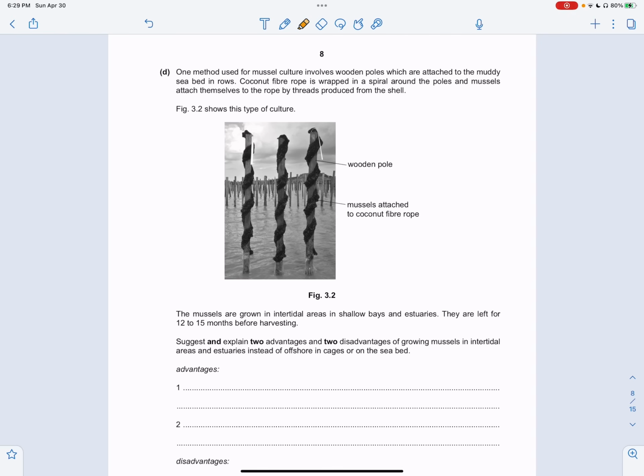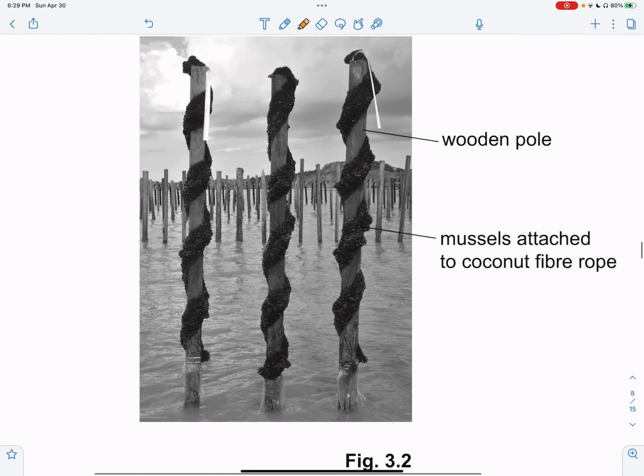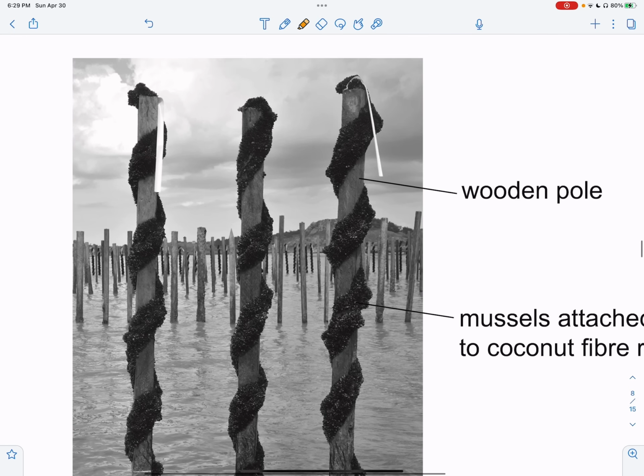But one method used for mussel aquaculture involves wooden poles, which are attached to the muddy seabed in rows. Coconut fiber rope is wrapped in a spiral around the poles, and mussels attach themselves to the rope by threads from the shell. That gives them a rough surface to attach to. So you can see all the mussels here.